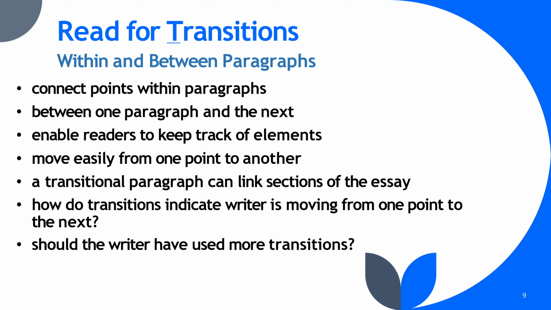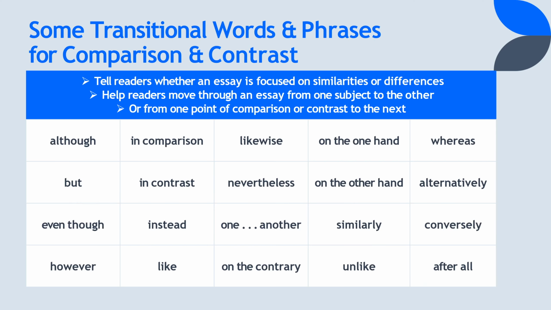In between each of these paragraphs, we're also looking for transitions. And just like last time, there are specific transition words that help guide us to the fact that we're looking at a compare-contrast essay. Although, but, however, in contrast, in comparison, likewise, all of these require kind of 2 things, right?